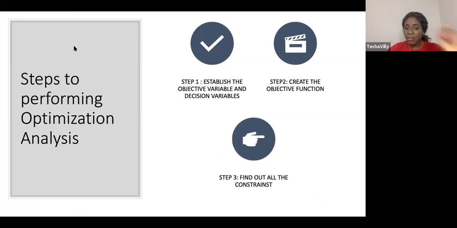One, you need to establish your objective variable and your decision variable. Two, you need to create, this is when you format the Excel sheet that you want to use to run the analysis. You need to format that sheet first before you go to the Solver tool. We're going to be using the Solver tool to run this. Remember, when we started earlier, we inserted the Analysis ToolPak and also the Solver tool.